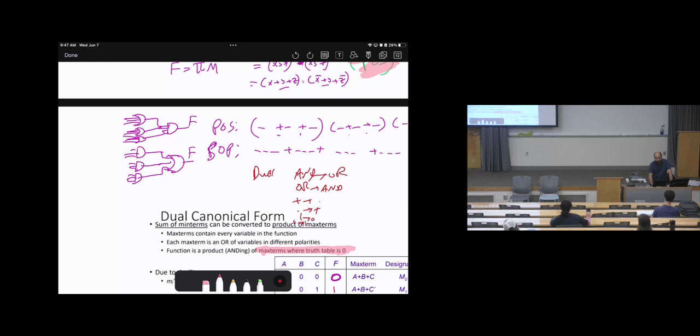That's the duality. So here, instead of each term having the three variables multiplied, in the duality the terms will be ORed, added together. So if there were three variables, there will be A plus B plus C times, for example, A bar plus B bar plus C bar, and so on.